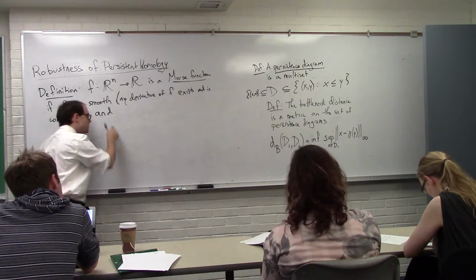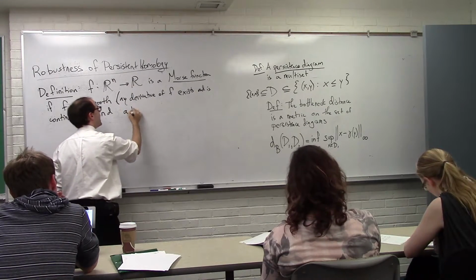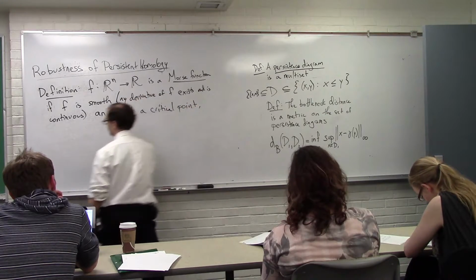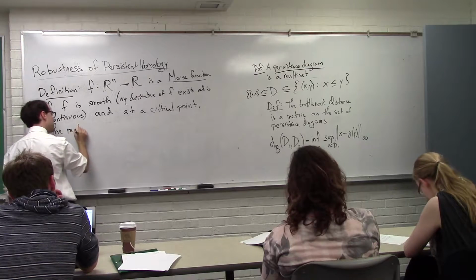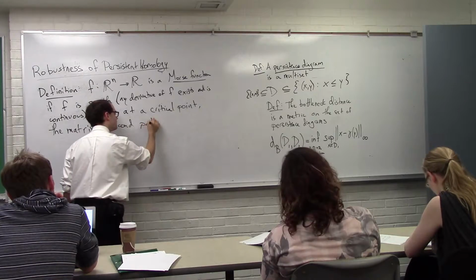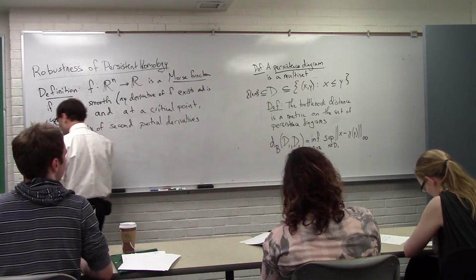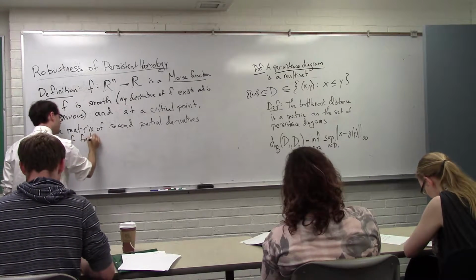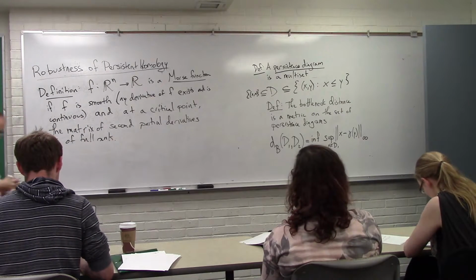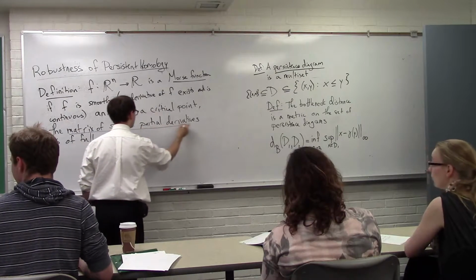Okay, and another feature of this is that at a critical point, the matrix of second partials is full rank. Is that the Jacobian? That's the Hessian. That's the Hessian matrix. I haven't heard of that name since I was in mathematical econ.